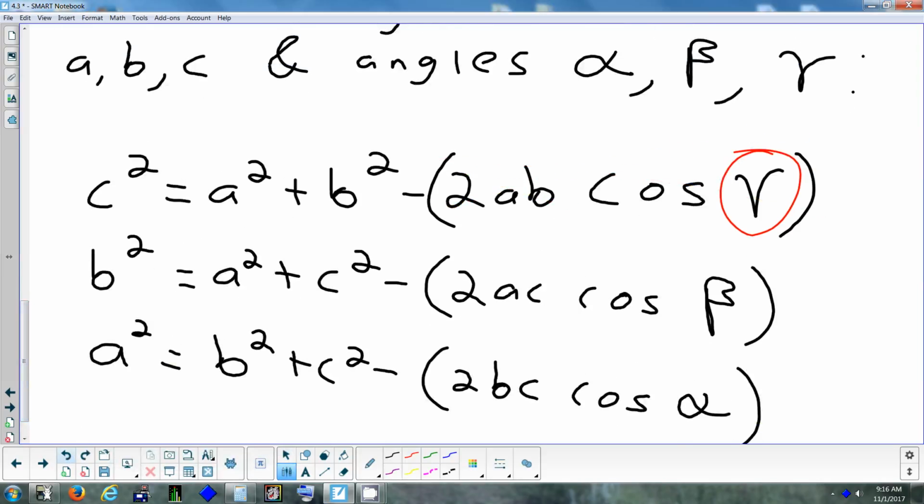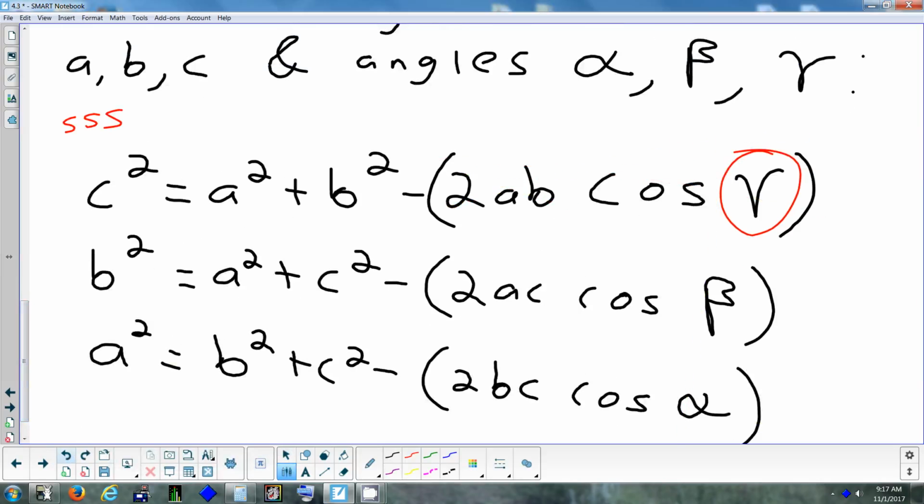All right, so which version do you use? Well, if you have side, side, side, you can use any version you want. Okay. Think about if you knew A, and you knew B, and you knew C. You would know everything in every formula right up to that line. You'd be able to fill in everything.